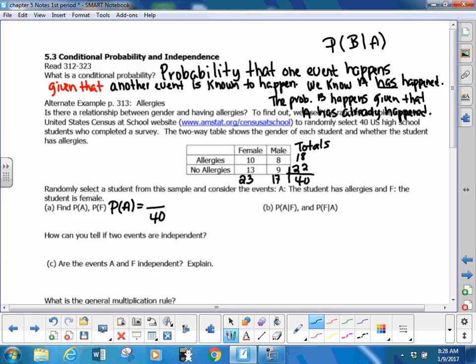Out of those 40, what's the probability that they have allergies? Awesome. And this is also called a marginal. Okay, so the probability that they're simply a female, haven't narrowed anything down, so we're looking at all 40. And let's see, yeah, 23 also.